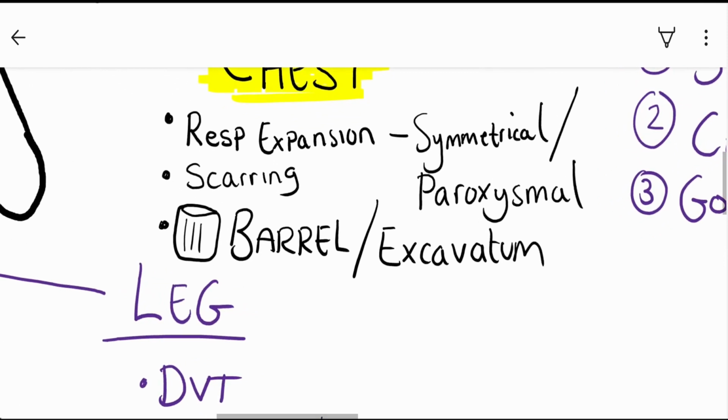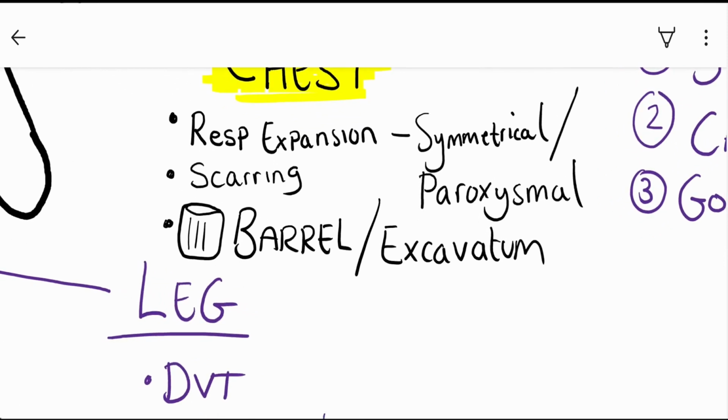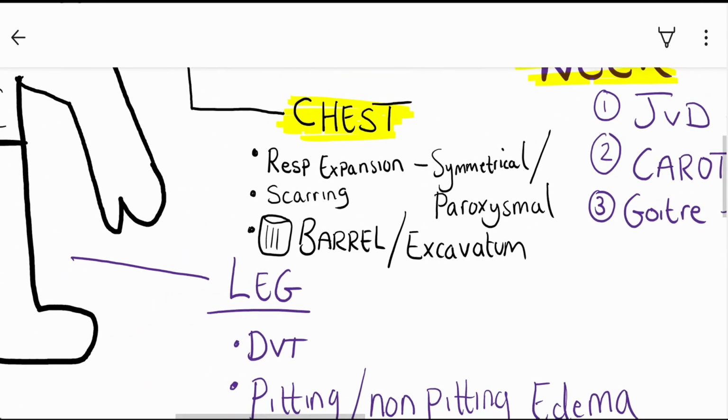Something more simple to look out for: barrel chest, pectus excavatum, pectus carinatum. Maybe this is a problem to do with emphysema, with barrel chest, with excavatum, carinatum. Maybe this is a vitamin D deficiency.